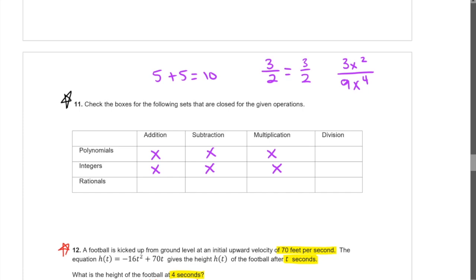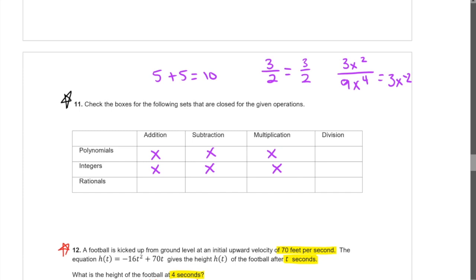When you divide exponents, remember, dividing means you're subtracting. So 2 minus 4 gives you a negative exponent. So this answer would be 3x to the minus 2. And since you cannot have a negative exponent, it is also not closed under division. So when you divide two polynomials, you can get a negative exponent, and that is not a polynomial.